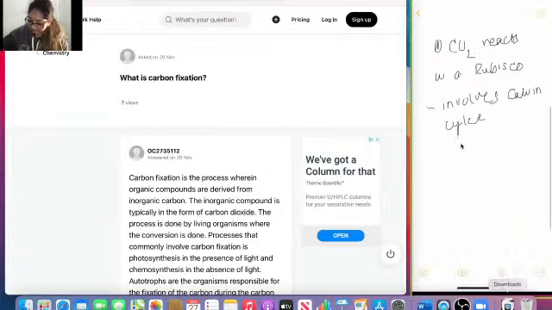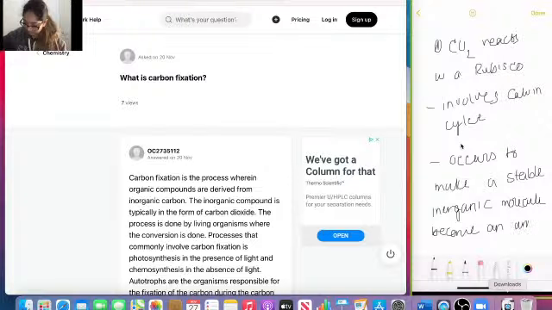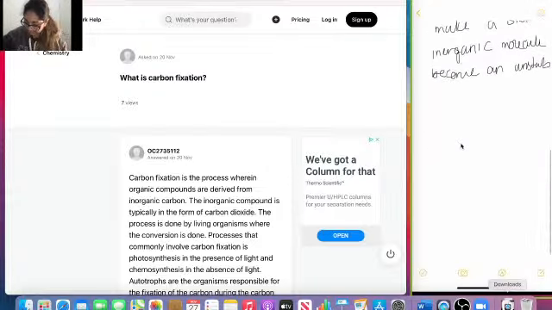And so you can basically say that it occurs to make a stable inorganic molecule become an unstable molecule, right?